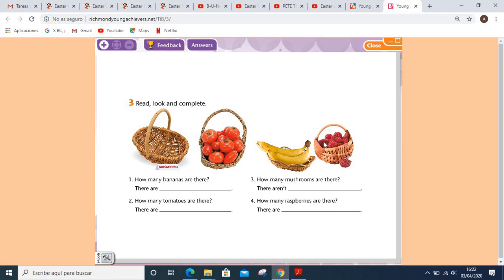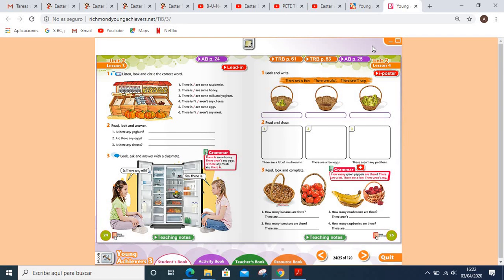There are a lot, there are a few, or there aren't any. So you have to choose the correct answer and write it. Yes? Remember that you can take a look at the grammar to help you. Yes? Here and here. That's right?